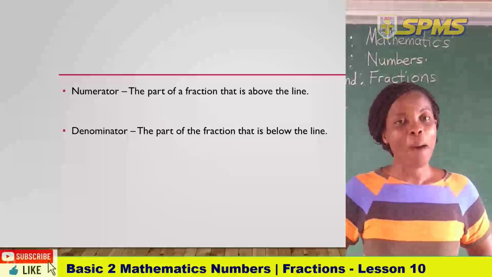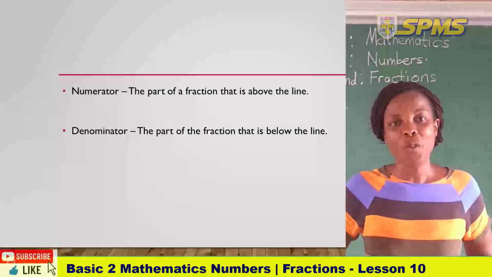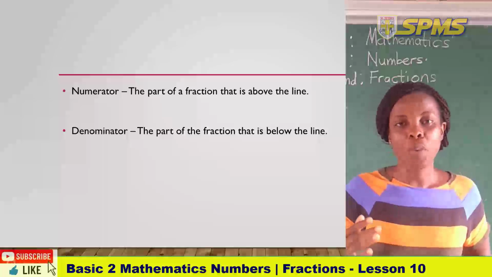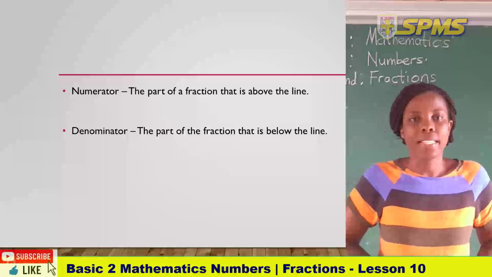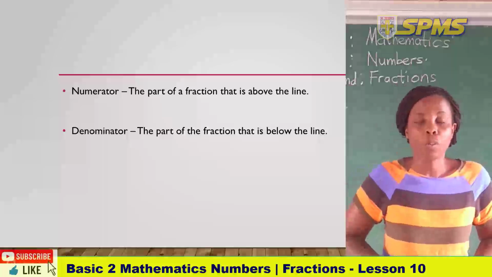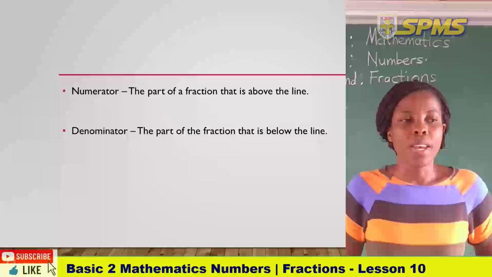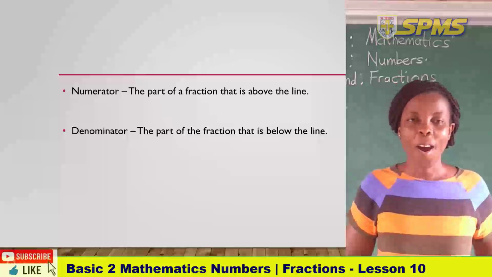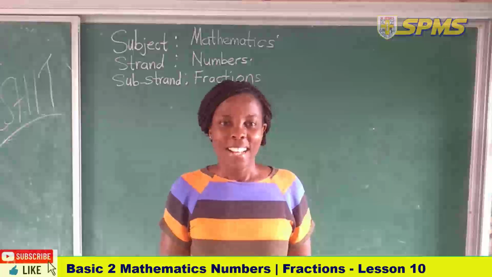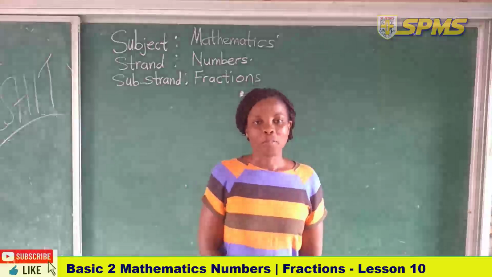So the one that is above the line is known as the numerator, and the one that is below the line will be called the denominator. All right, let's move on.